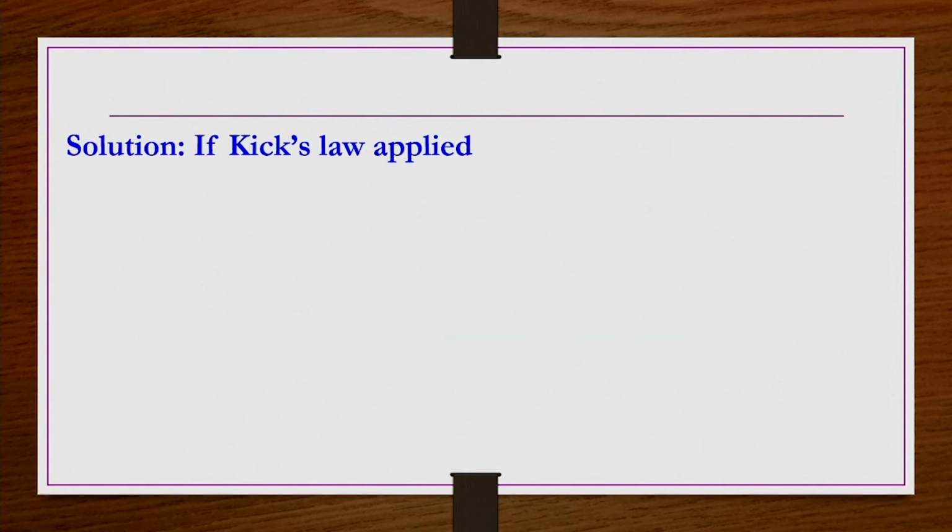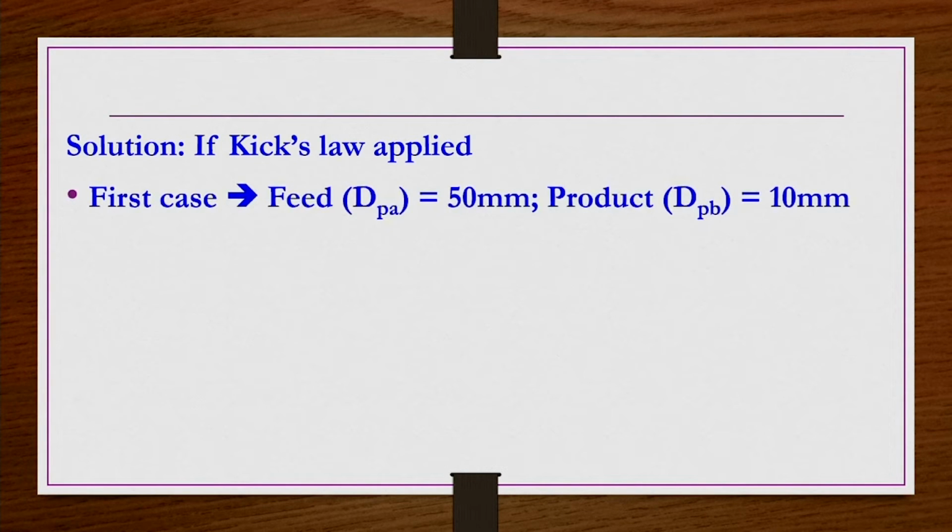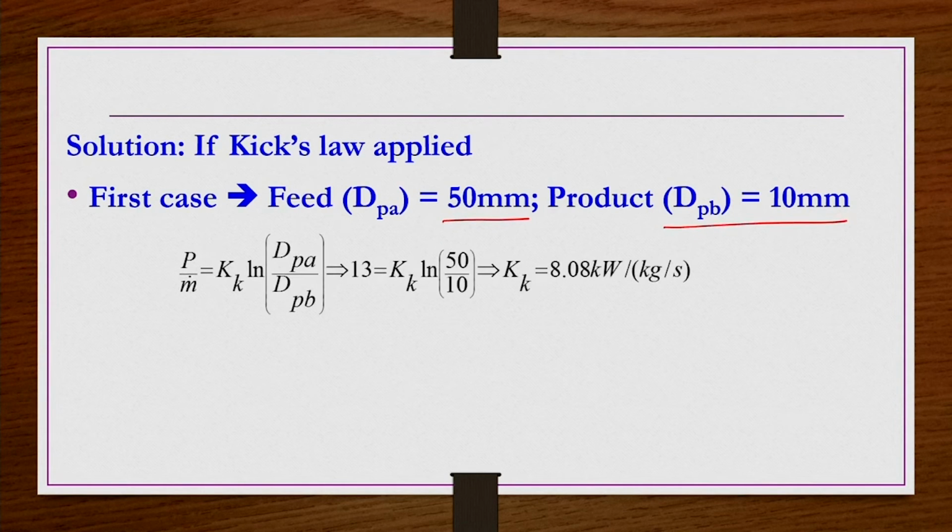So, applying Kick's law, in the first case dPA, the feed size, is 50 mm, and the product size dPB is 10 mm. When you apply Kick's law, P by m dot is equal to Kk ln dPA by dPB. P by m dot is given as 13, dPA is 50, dPB is 10. So, Kk you get is 8.08 kilowatt per kg per second.